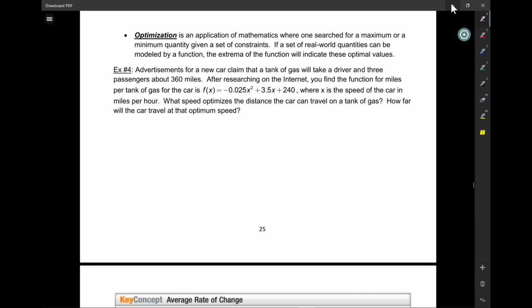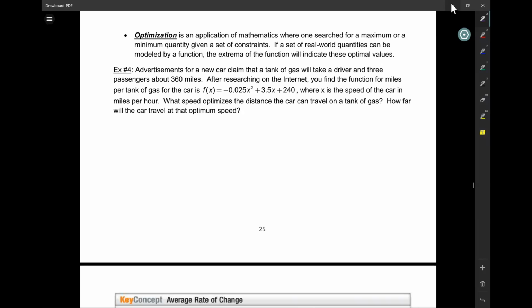What type of function is that? It's a parabola. It's a quadratic function which gives you a parabola, where x is the speed of the car in miles per hour. What speed optimizes the distance of the car on a tank of gas? How far will the car travel at the optimum speed?